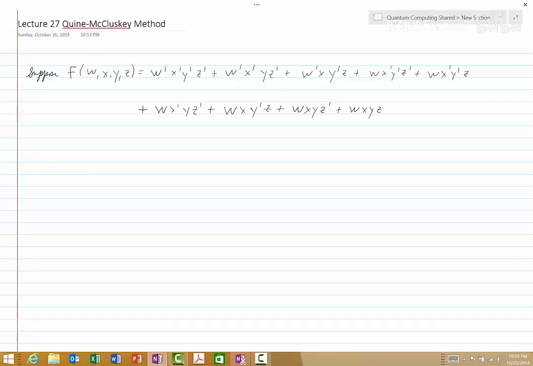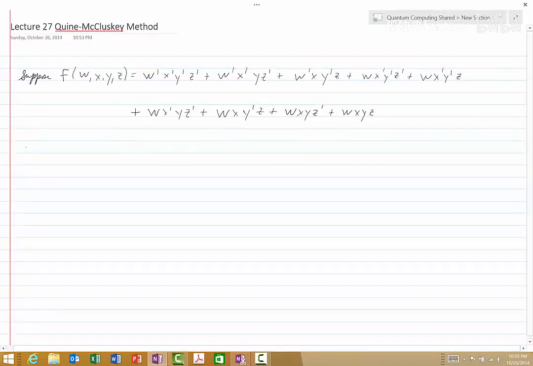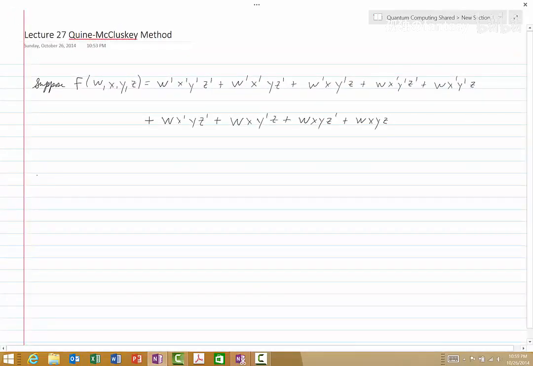So the first step here will be to write down a binary number representing each term.